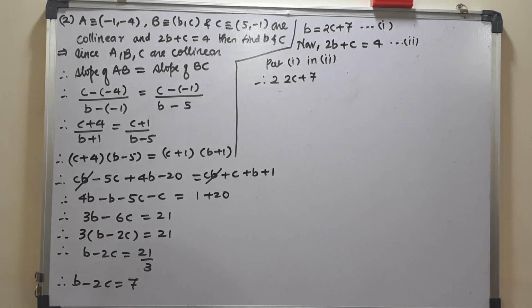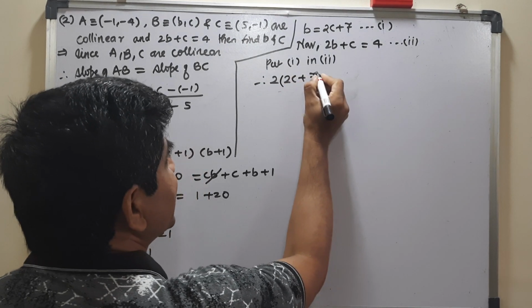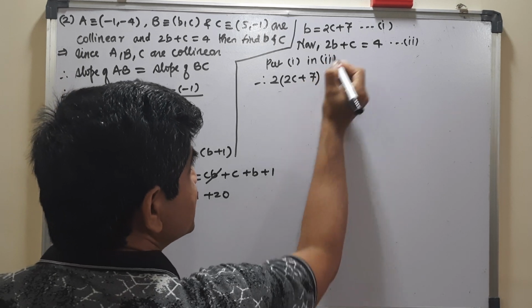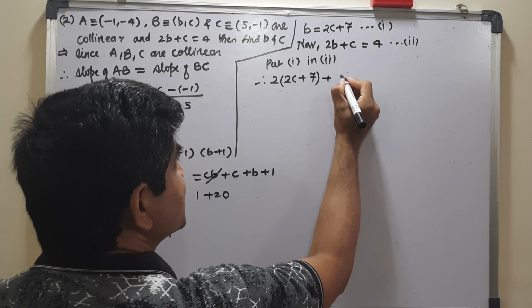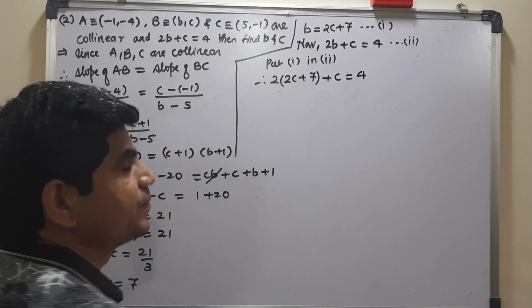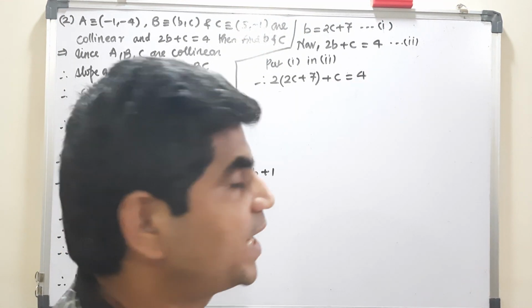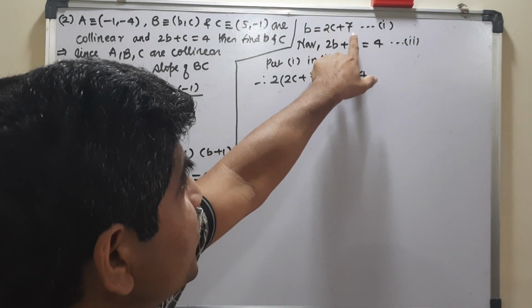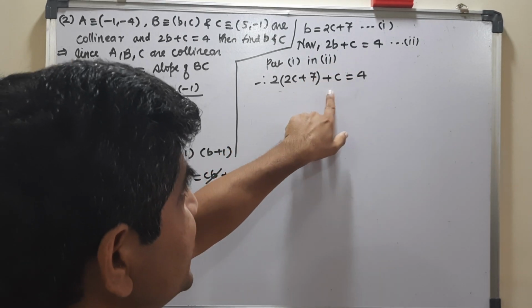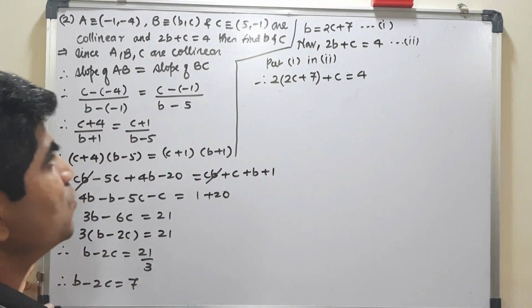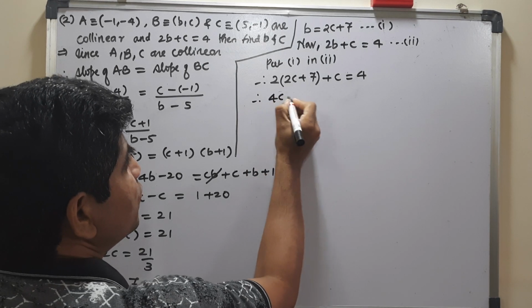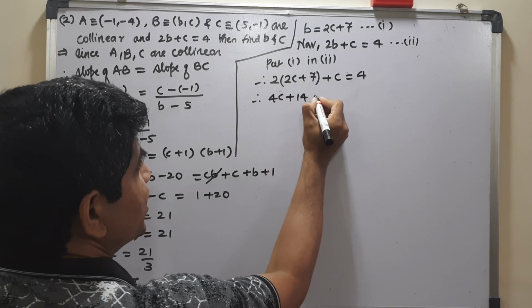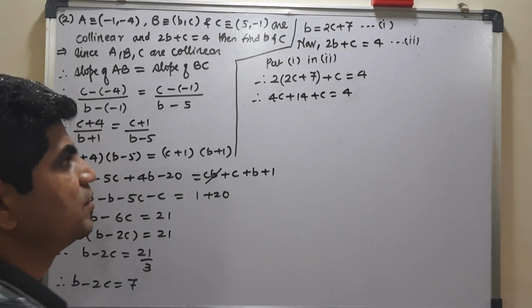If I write like this, you know very well it will become 22, not 2 into. To indicate into, I will put a bracket. This is B replaced. Here is the plus sign and this C is equal to 4. So when I open the bracket, this was B, which I wrote as 2C plus 7, this C as it is and this 4 as it is. So what I get here is 2 into 2C, that is 4C, 2 into 7 is 14, plus C is equal to 4.